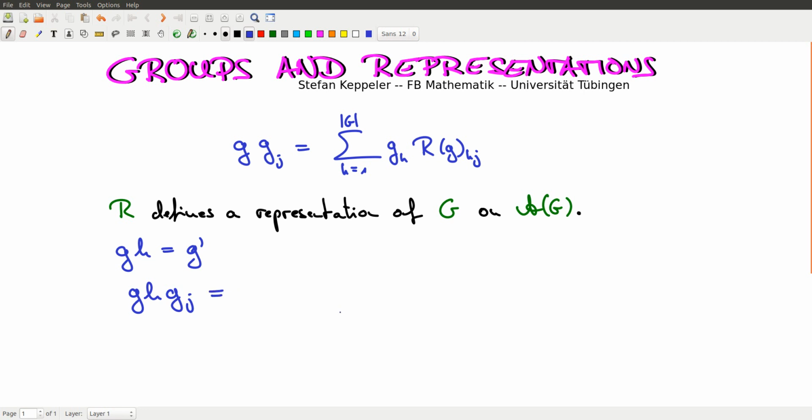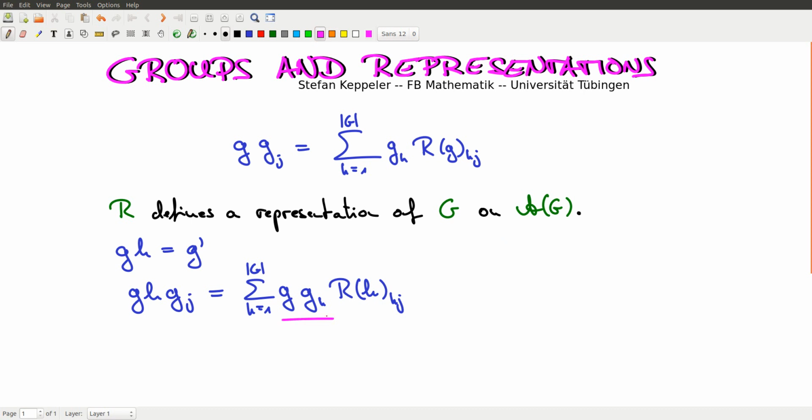So GH applied to GJ is just sum k from 1 to the order of the group. We copy the H and then we write GK R of H index Kj. Just the same way as we did up here.